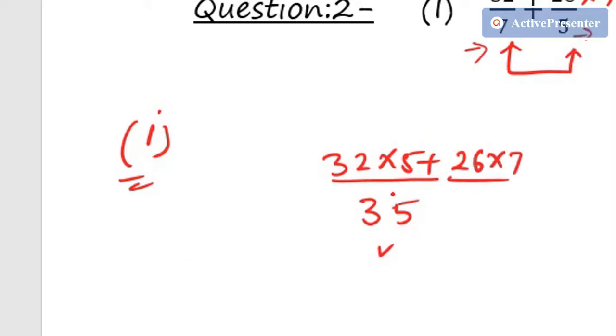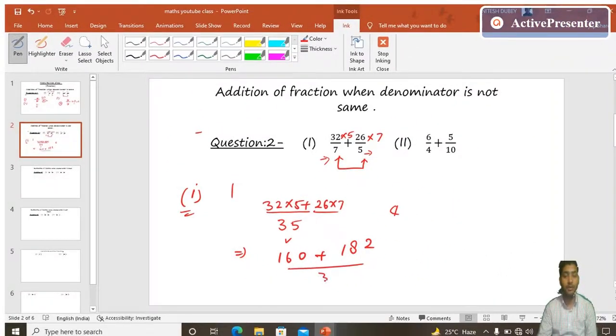Now add the upper part. What will be the value? 5 2s are 10, 0, 1 carry, 5 3s are 15 plus 1 carry, 16. 7 6s are 42, 2, 4 carry, 7 2s are 14 plus 4, 18 upon 35.